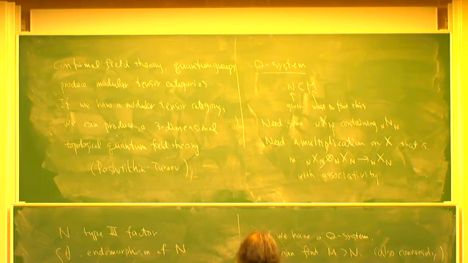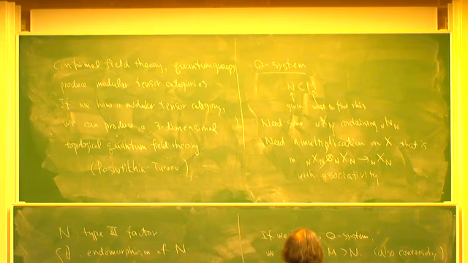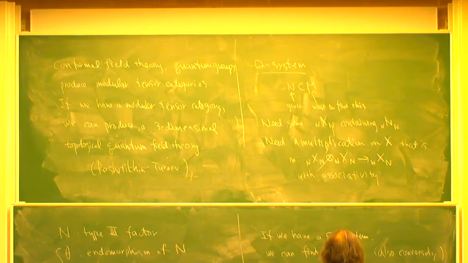The following is the so-called Longo-Rehren construction. Start with a system of finitely many irreducible endomorphisms on a fixed factor M, a type III factor M with finite range.